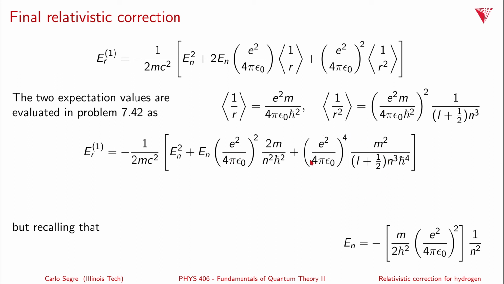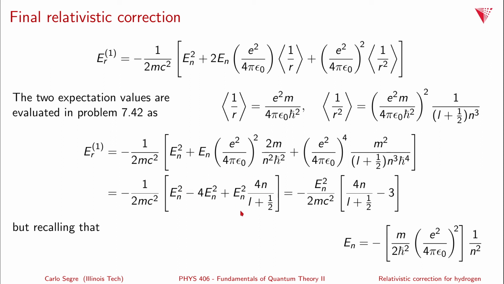And this term here goes like E sub n squared with an n on the top. And we can put that all together. We get that the first order relativistic energy correction gives you minus 1 over 2mc squared times E sub n squared minus 4 E sub n squared plus E sub n squared times 4n over l plus a half, where l is the orbital quantum number.